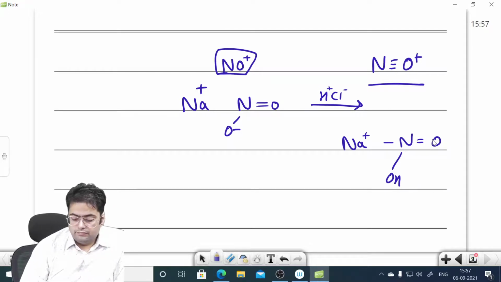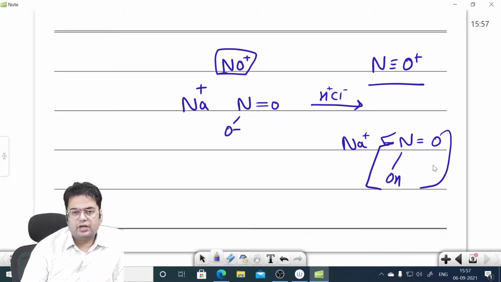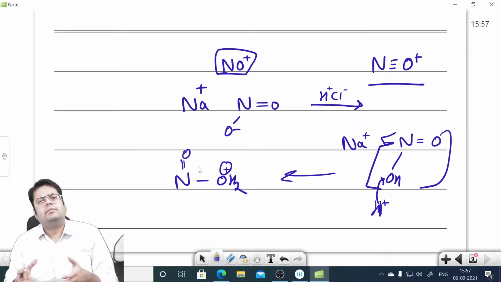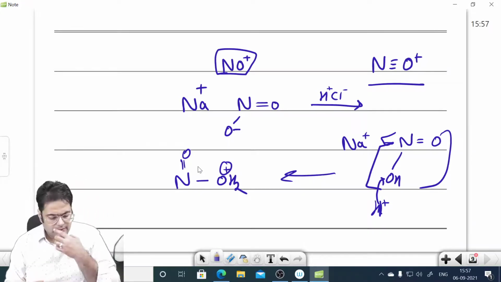Now we can easily assume this is a different entity with Na plus, because now we don't have this negative charge, but one more lone pair is present, so one more H plus can combine to this, and we are left with N double bond O, OH2 plus, because the medium is acidic, we have HCl.